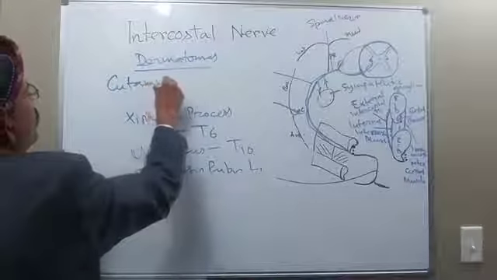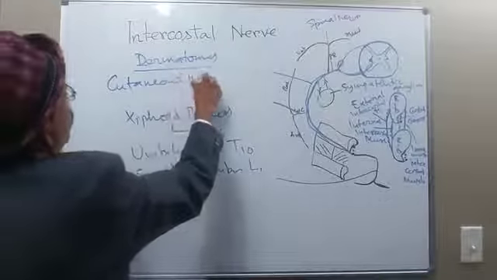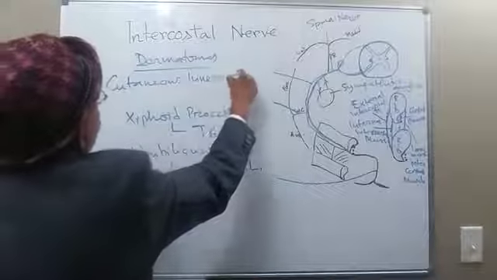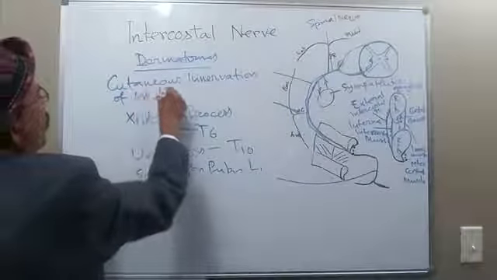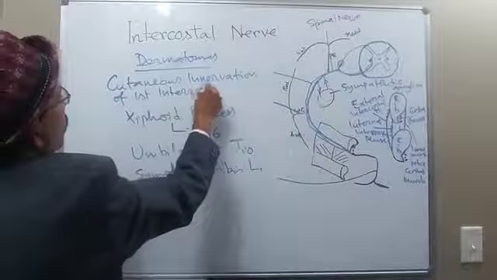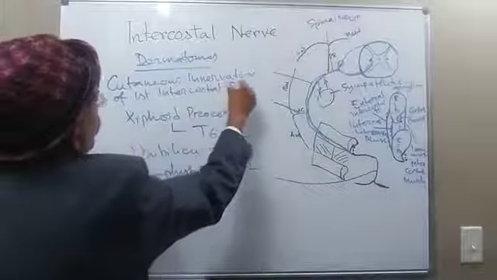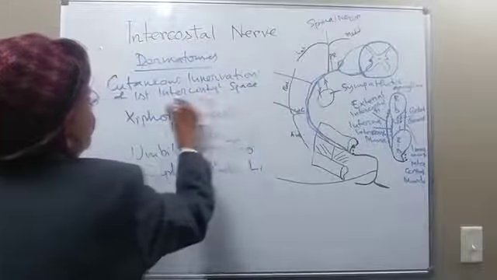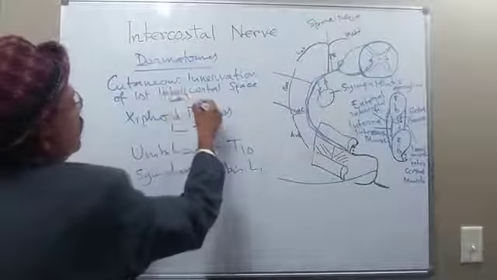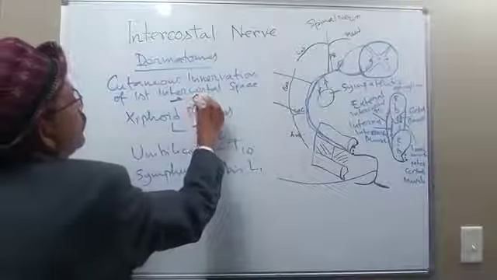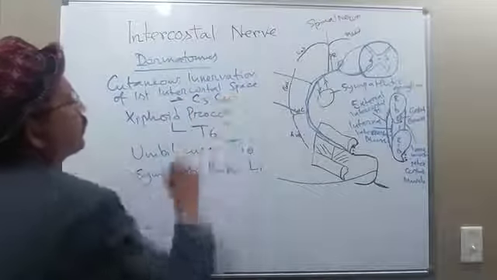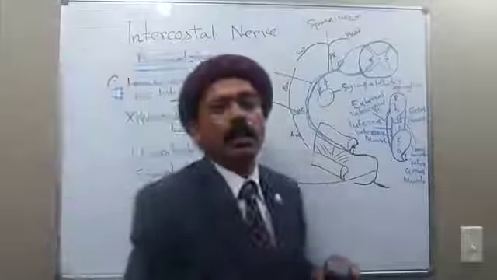You must remember that the cutaneous innervation of the first intercostal space is from C3 C4, coming out of the cervical plexus.